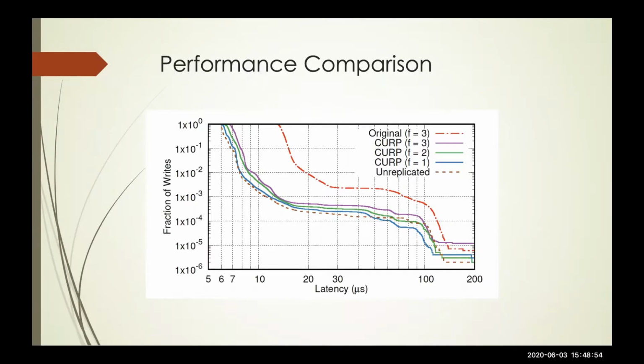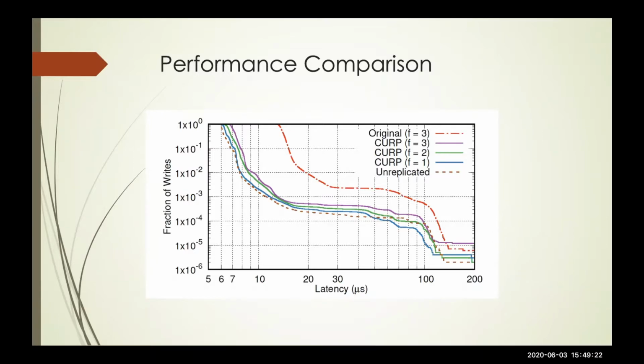They have compared each configuration, that is when it is unreplicated, when it is original with f equals 3, and when CURP has been used.